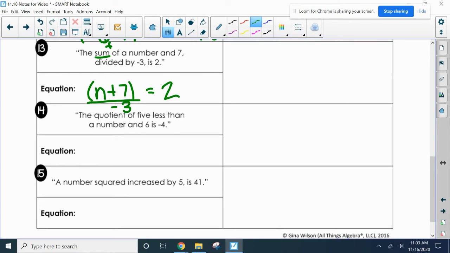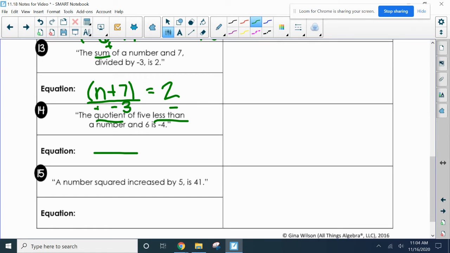So on 14, you should have underlined quotient. We know quotient means division. 5 less than, we know less than is subtraction. And 5 less than a number and 6 is negative 4. So the quotient of what?